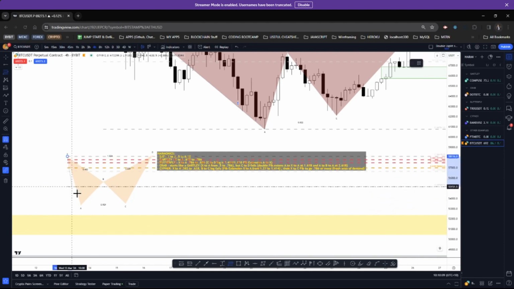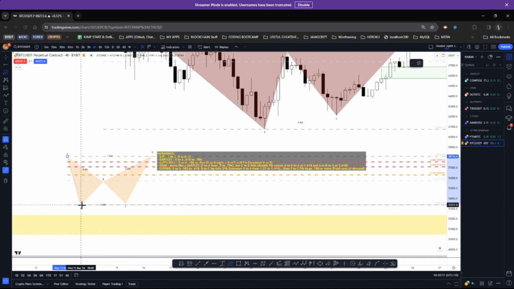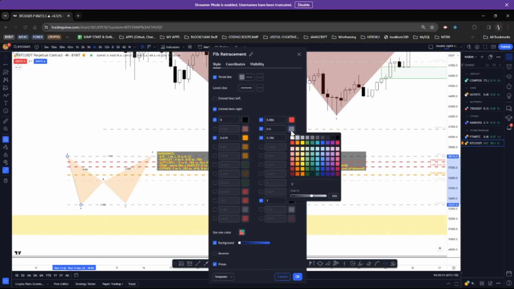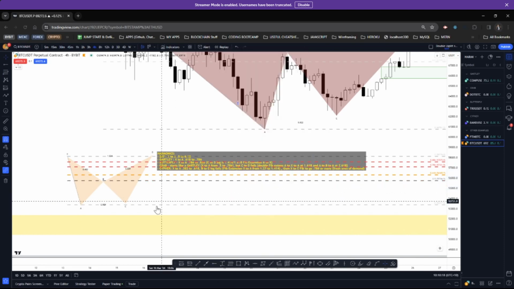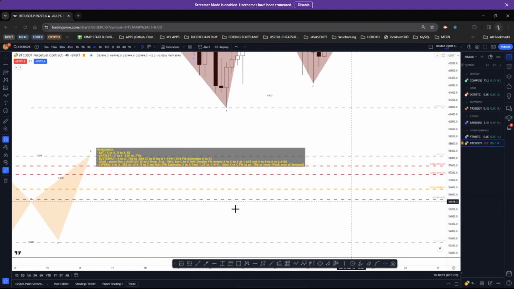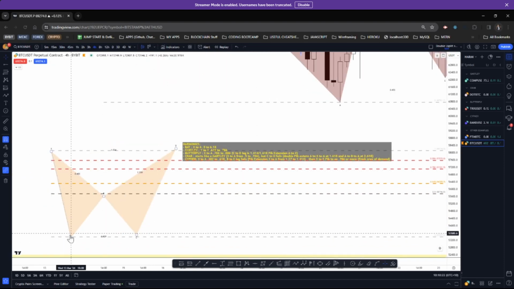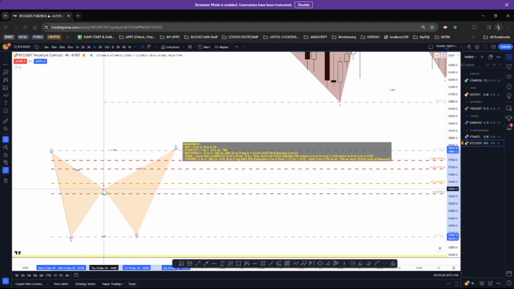So if I take my X to A, and I'm going to make that 50% really visible, black. You can see that in this pattern that I just drew, X to A, the market only retraces to 50%. If the bat was to go a little bit higher, that's fine, as long as it doesn't touch the 618.